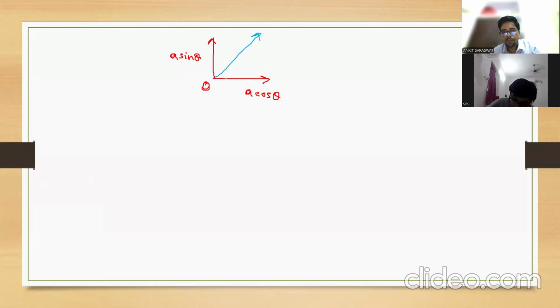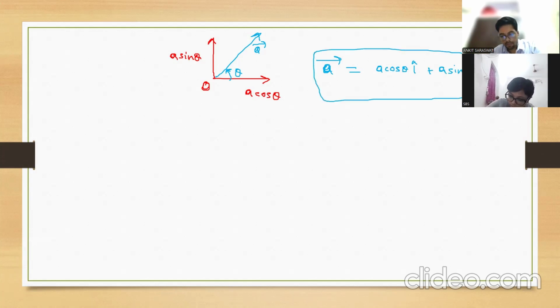This is the resultant vector A, a combination of its component vectors. So I can write the components as A cos theta in direction I cap, A sin theta J cap. Clear? Any doubt?